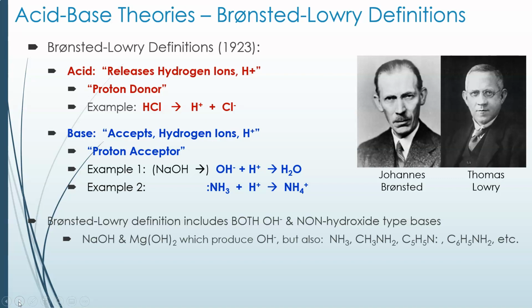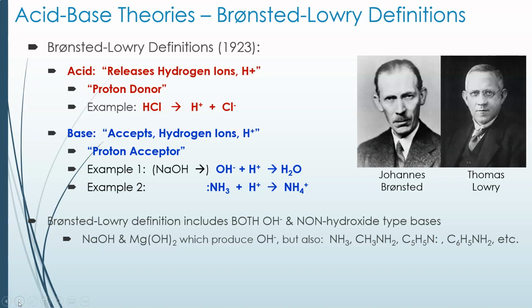So these definitely include the hydroxide bases, the alkali metal hydroxides like sodium and potassium hydroxide, but also the alkaline earth hydroxides like magnesium hydroxide, calcium hydroxide, barium hydroxide. But all of these produce hydroxide. But it also includes these nitrogen type bases as well as a lot of other bases.